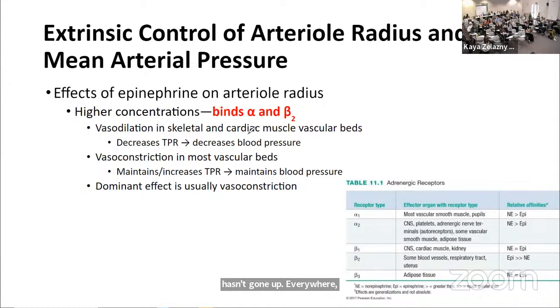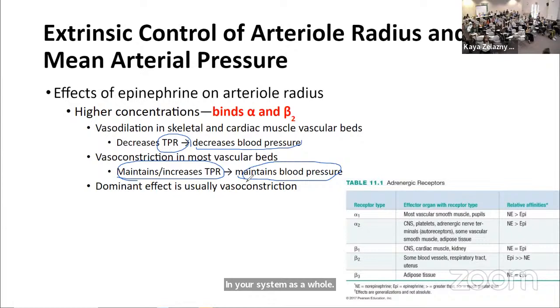And right when you started producing that epinephrine, it went first to the skeletal and cardiac muscle, which means that first we saw a little bit of a drop in peripheral resistance, decreasing the blood pressure. And then as that epinephrine concentration went up, we pulled that resistance back up in your system as a whole, getting the blood pressure back up.